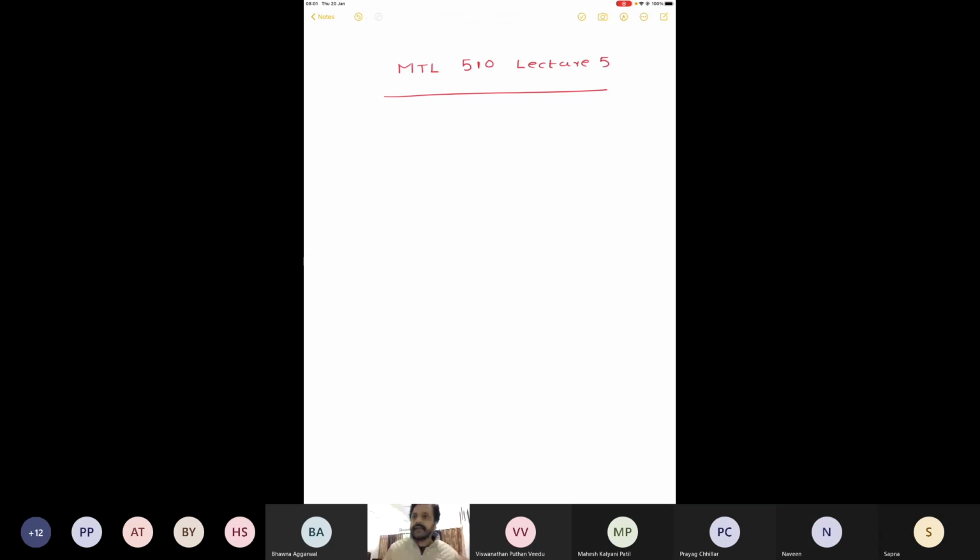So in the previous lecture, we introduced the notion of Lebesgue outer measure. Let me start by recalling the definition. Recall.